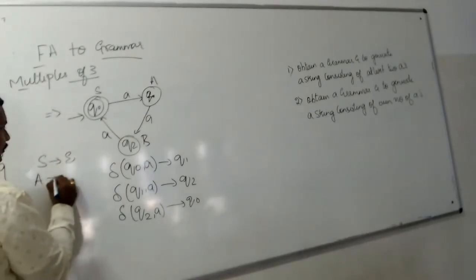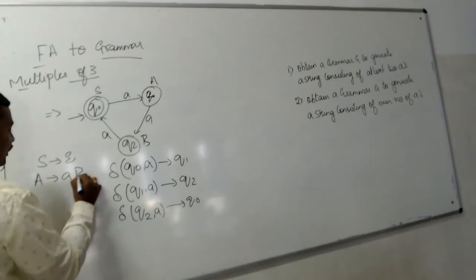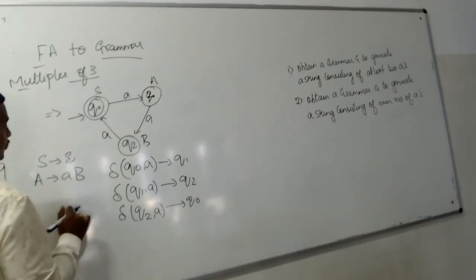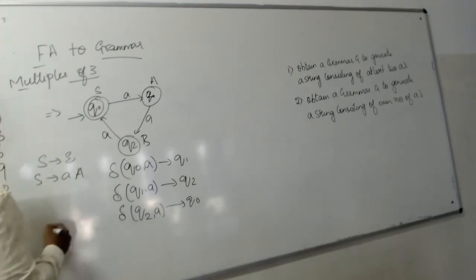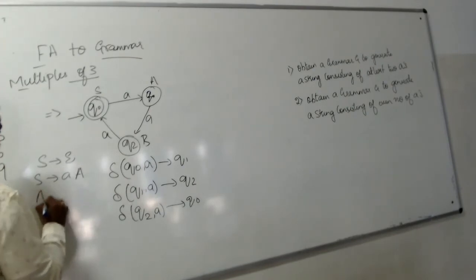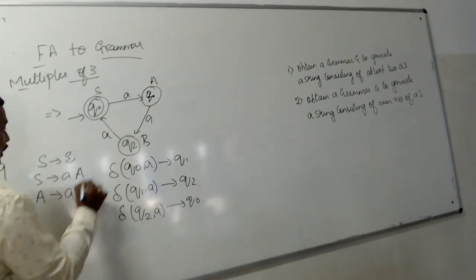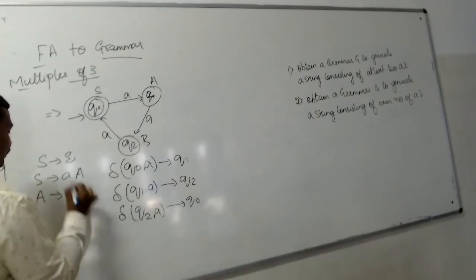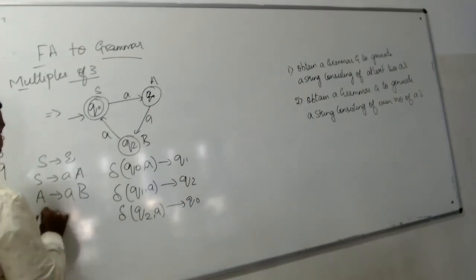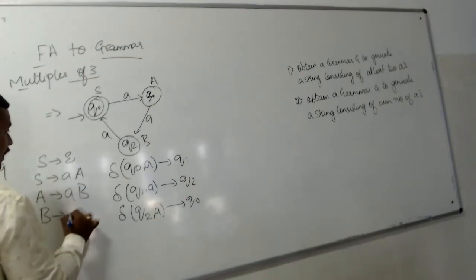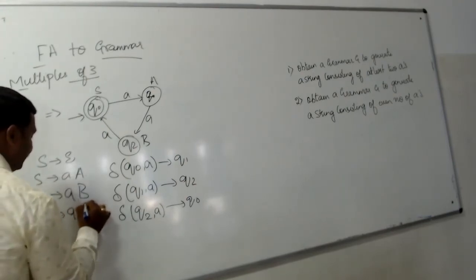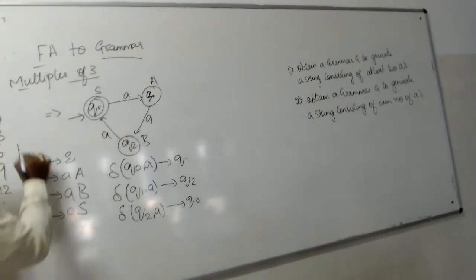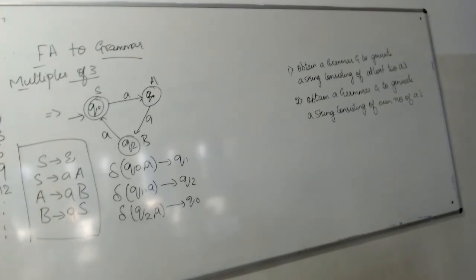So S tends to A A, Q1 ಅಂದ್ರೆ A tends to A B, Q2 ಅಂದ್ರೆ B tends to A S, Q0 stands for yes. So this is the required grammar. The required grammar.